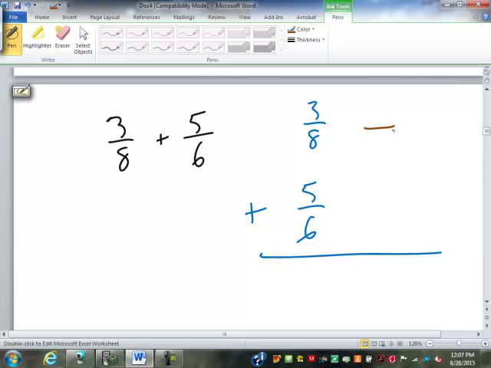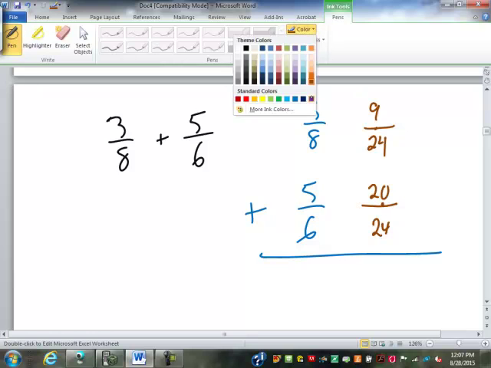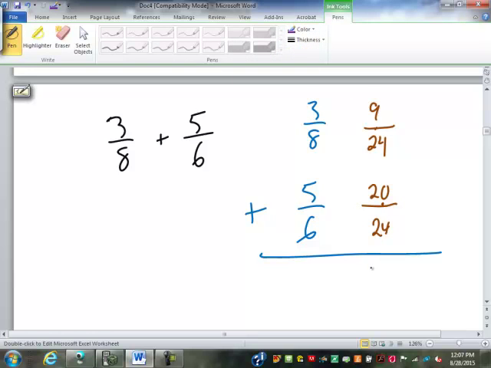So we need to find a common denominator, which will be 24. This will become 9 and 20. We add to get 29 24ths. Are we done? No, we want to reduce that to 1 and 5 24ths.